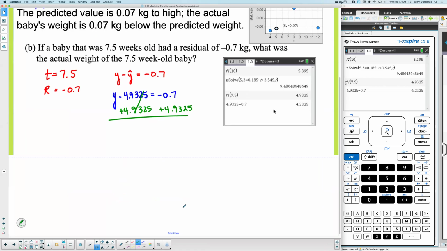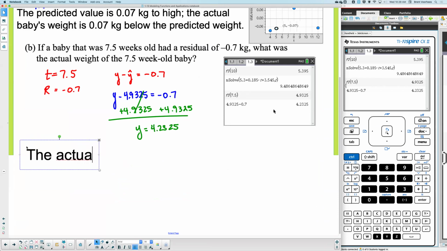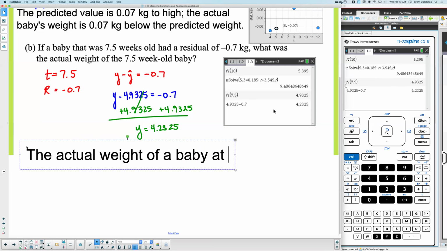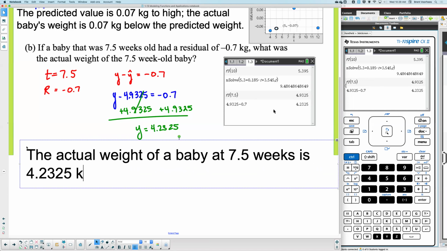Let me scroll this up a little bit so you can see it better. So the actual value is 4.2325. The actual weight of a baby at 7.5 weeks is 4.2325 kilograms.